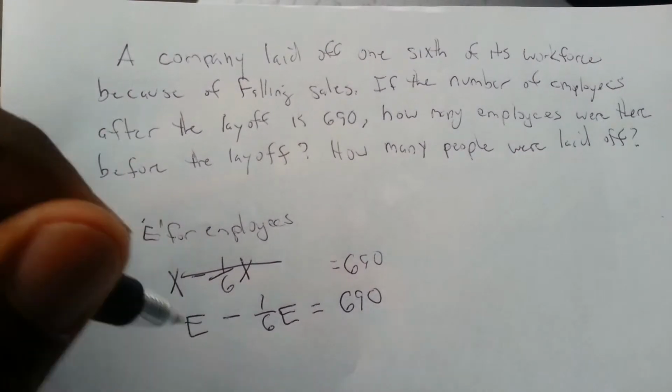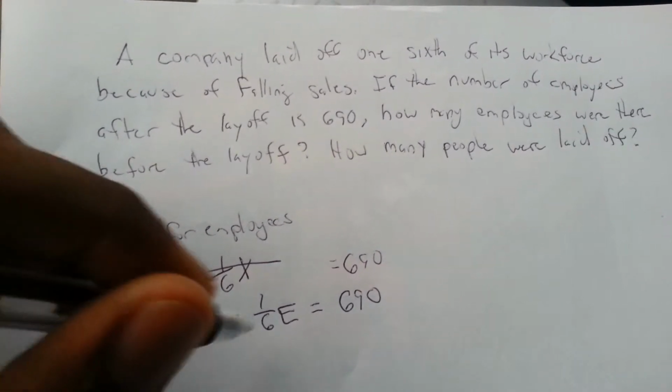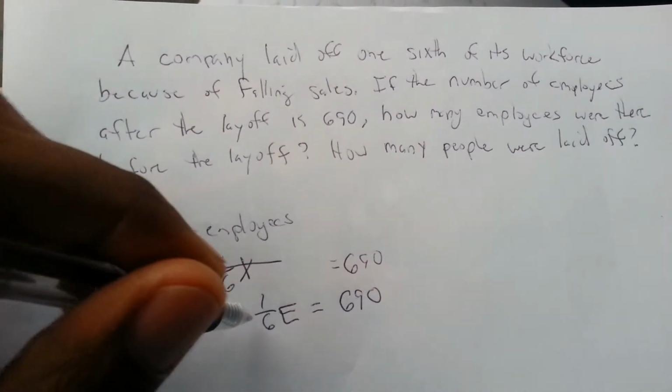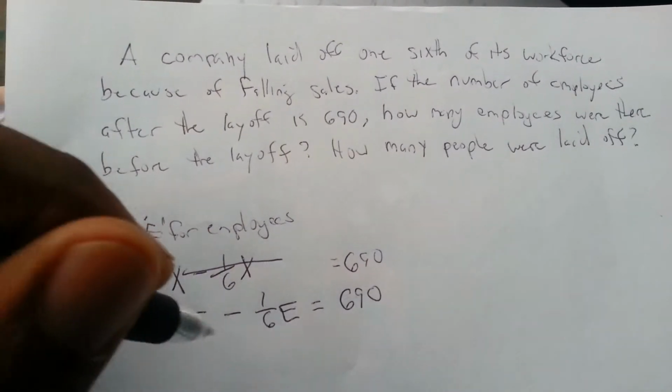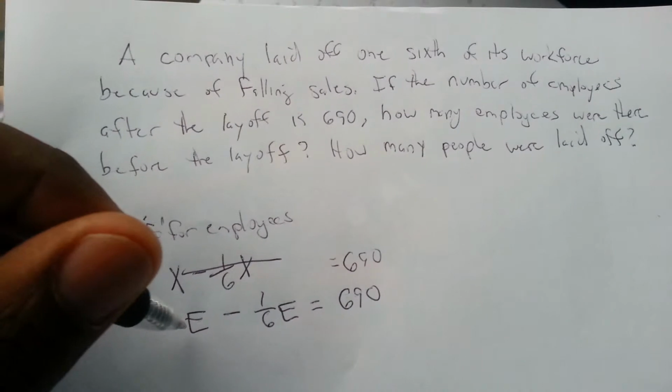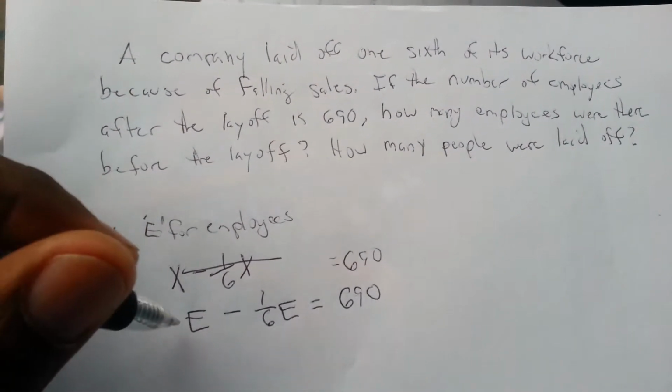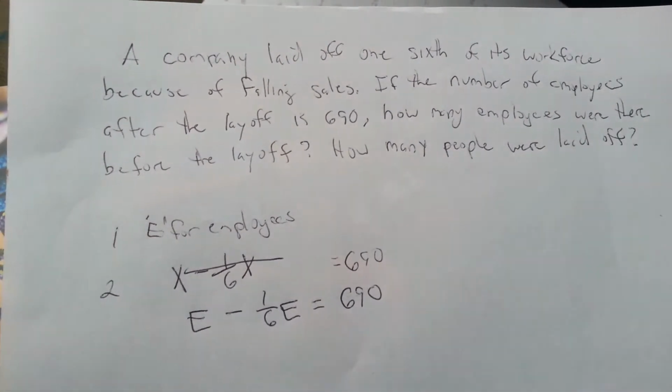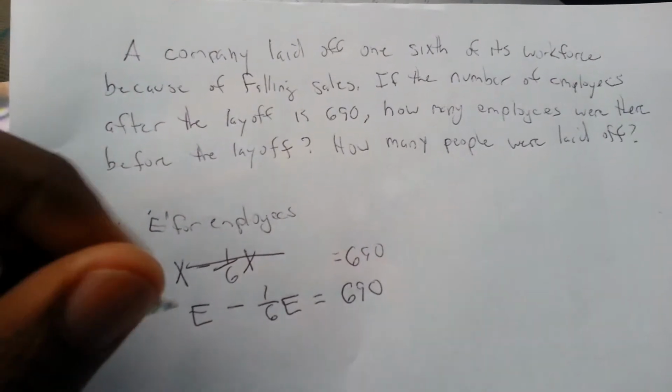To figure out what E is, we have fractions here, so we're going to make both of these fractions with E. This is just 1E, and any number over itself is 1.